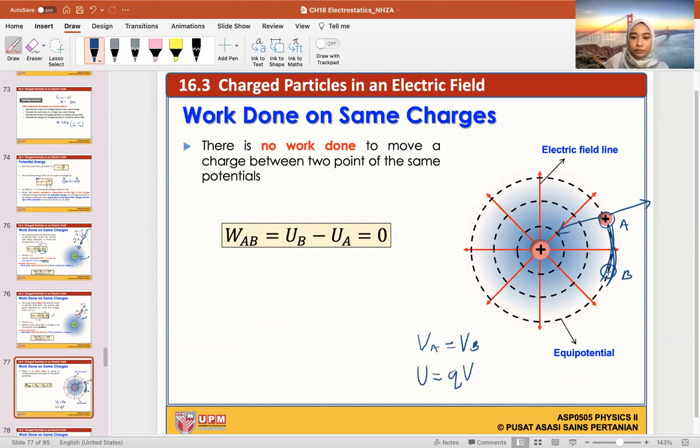If VA is equal to VB, then this is just QVA minus QVB, which is just 0. So if you move your test charge along the equipotential line, you're not changing the potential, which means you are not changing the potential energy. No work done.